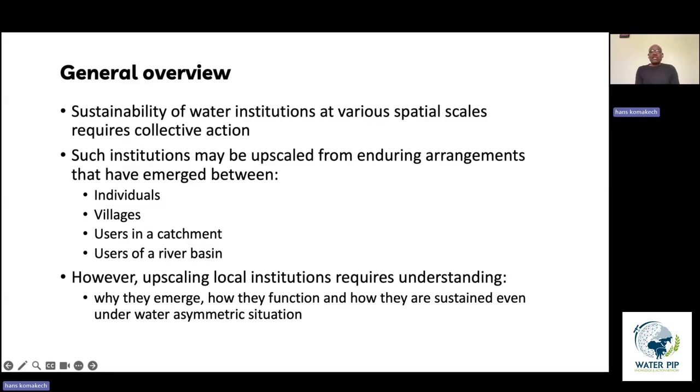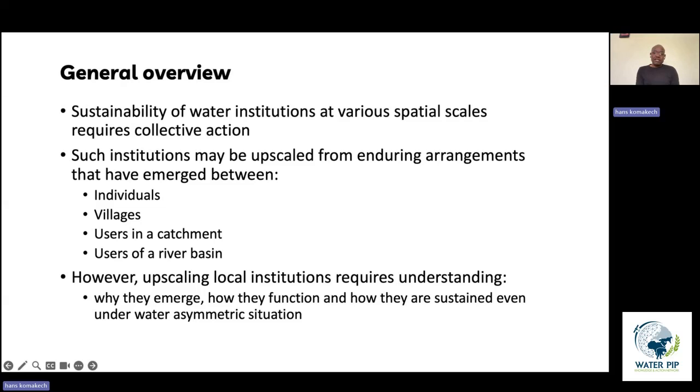But there are also cases where this form of collective action has emerged among different types of users, either within a group of users sharing one irrigation system, that is, between plots or farmers of different plots, or between villages, or even in a catchment. They have emerged; they were not created by somebody.